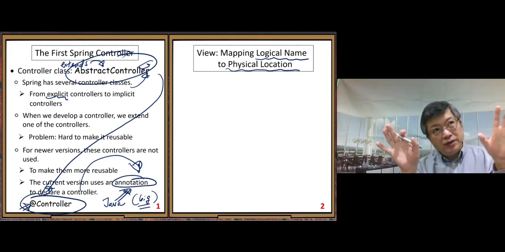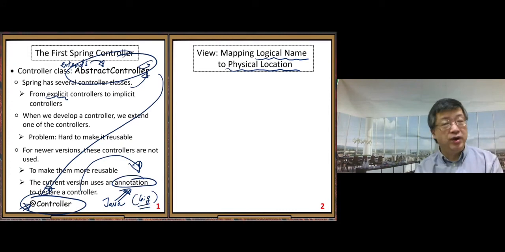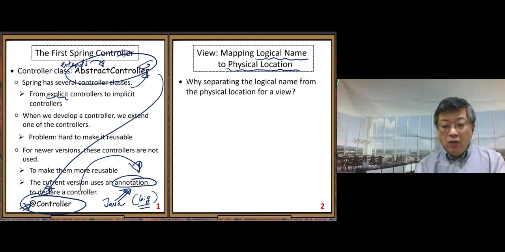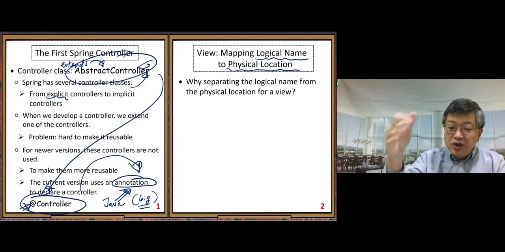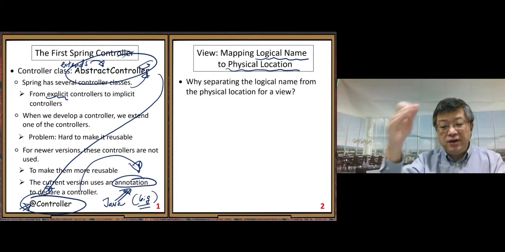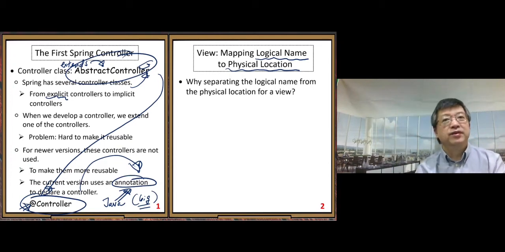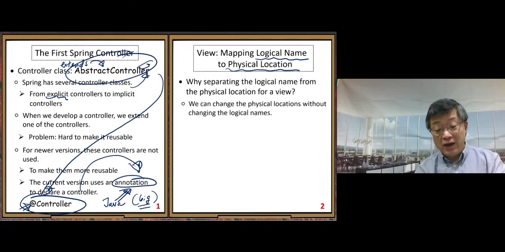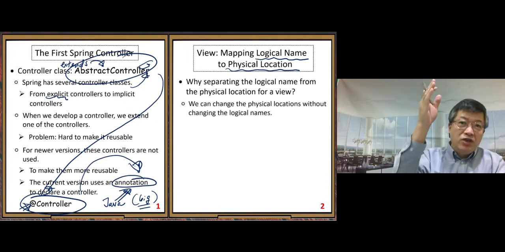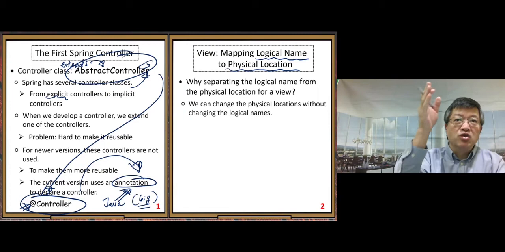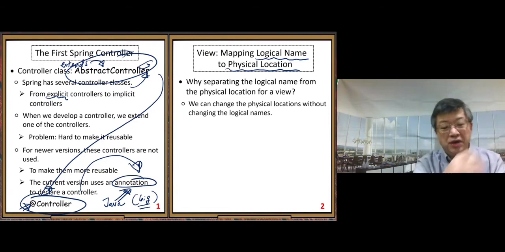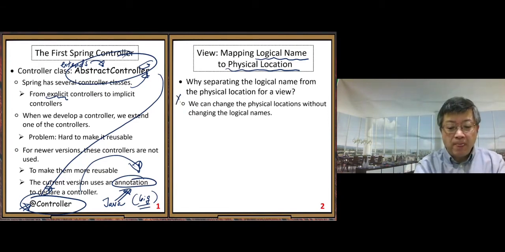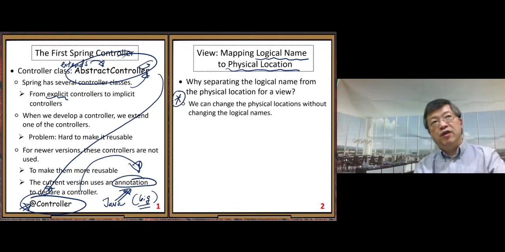Why do we do the mapping? We will see. The reason is pretty simple. Why separate the logical name from the physical location for a view? The reason is as simple as this: we can change the physical locations without changing the logical name. This is the biggest benefit, for convenience and efficiency.